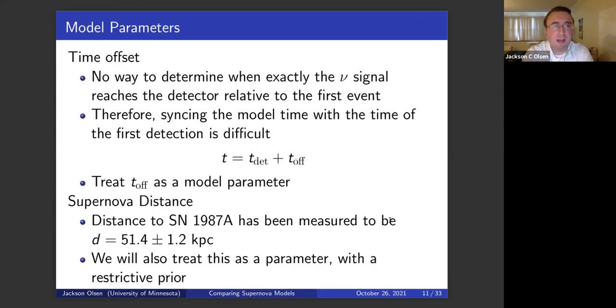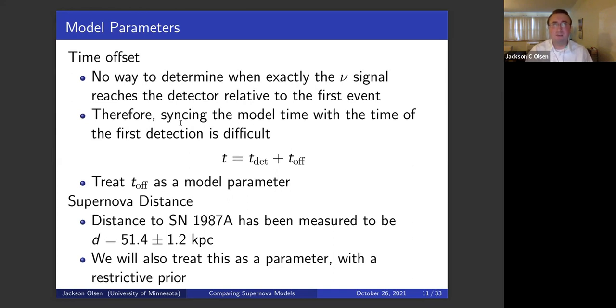Now, I also have to introduce a couple of model parameters. The first is just an experimental reality, which is that we need to sync up the neutrino signal, the predicted model time, with the first detected event. What I mean by this is that there's no way to determine when exactly the neutrino signal reaches the detector relative to this first event.